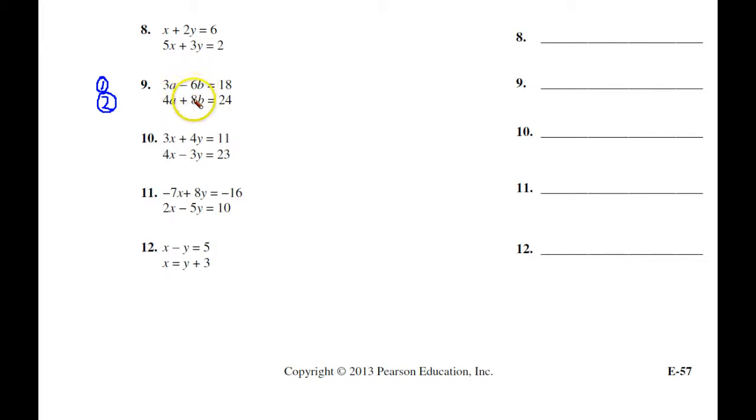But if I look over here, this is a negative 6b. This is a positive 8b. Well, what can I multiply this equation by and this equation by as well so that something here cancels out. Well, I know 6 times 4 is 24, and 8 times 3 is 24.